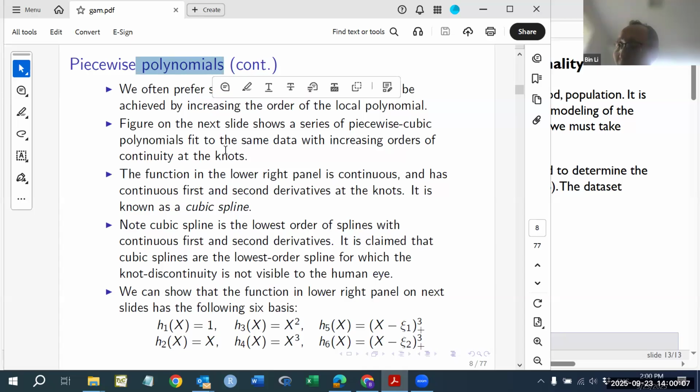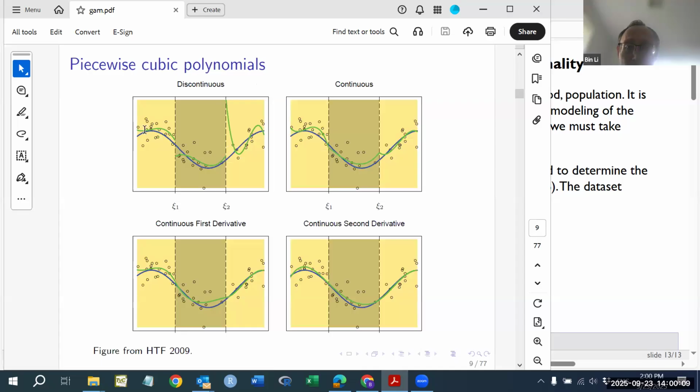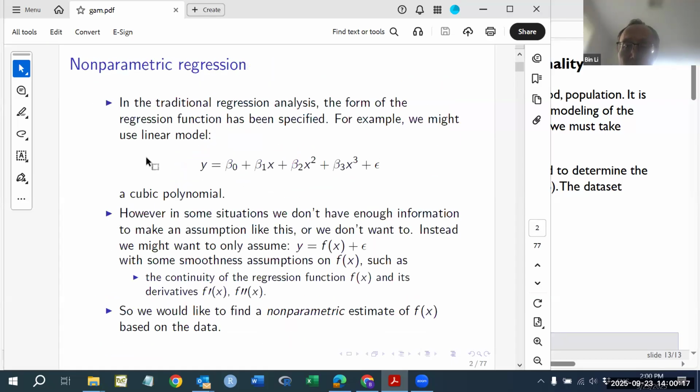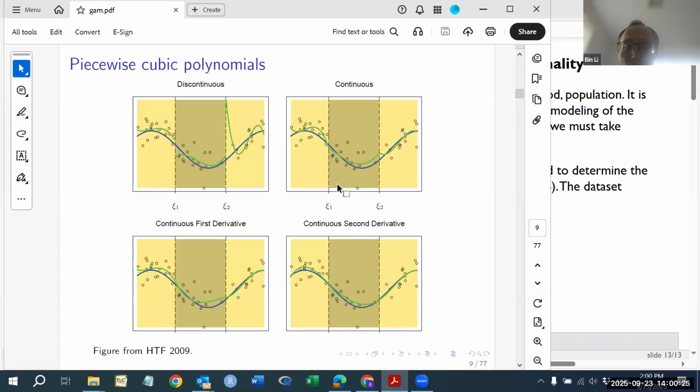Okay, similar idea. Now this time, let's say we have a discontinuous piecewise cubic polynomial. The cubic polynomial is this model, so we have the x term, x squared term, x cubed term. So, piecewise cubic polynomial, but discontinuous. That's no good, right?